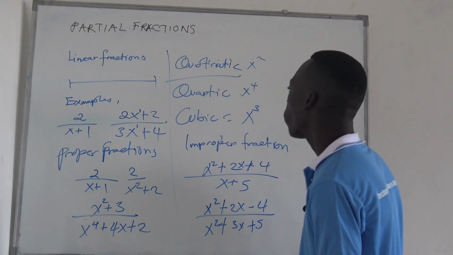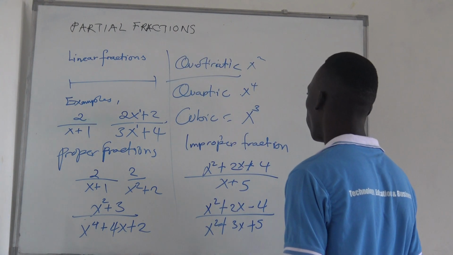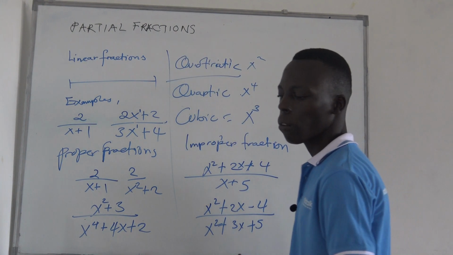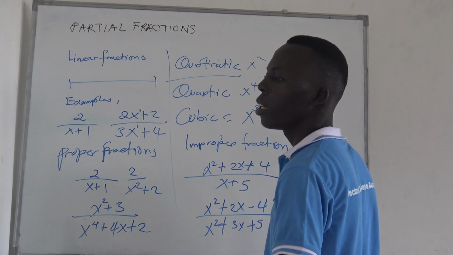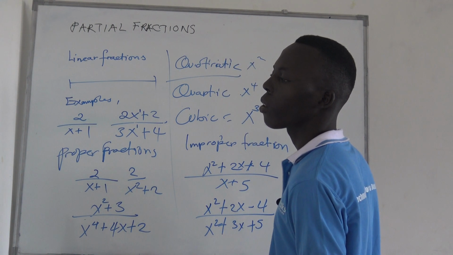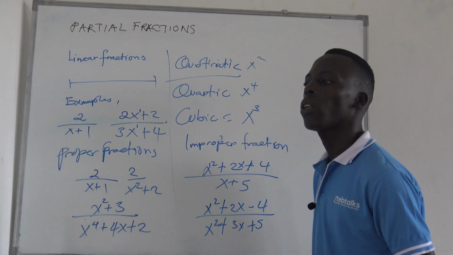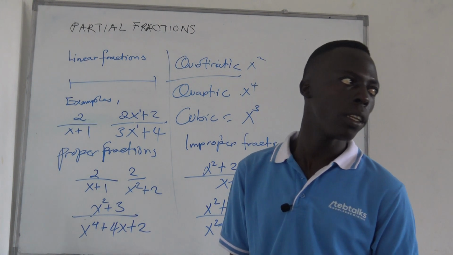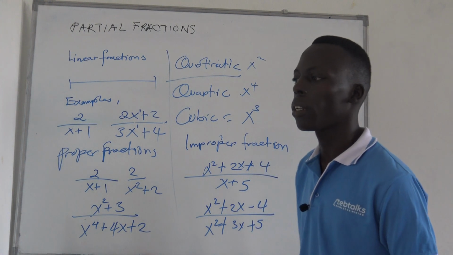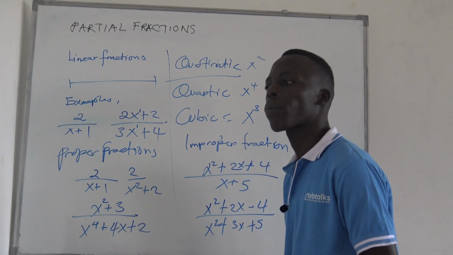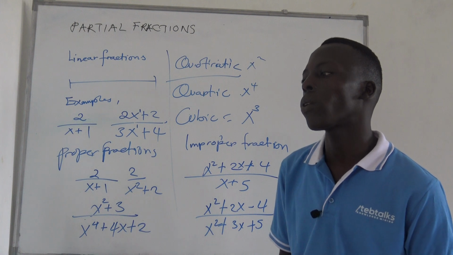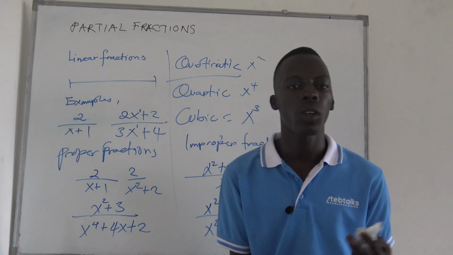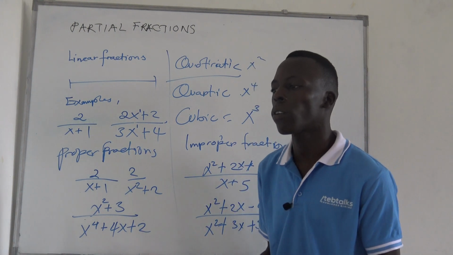So after understanding all of this, what we also have to know is that when you're considering partial fraction, we consider the nature of the denominator and the numerator. So when we are considering the denominator, we said we have the linear, we have quadratic.